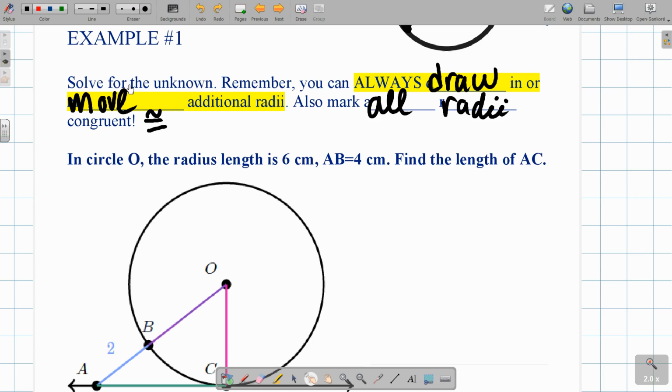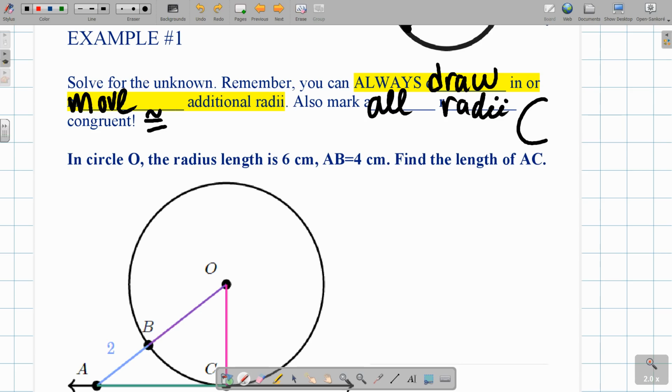Alrighty, folks. So we're going to solve for the unknown, but you're going to remember you can always draw in or move additional radii, which are spokes in the wheel. Also, when you see radii, I'd like you to mark all radii congruent. That's super important. Always trace all radii and realize you can add in more, and always mark all radii congruent.